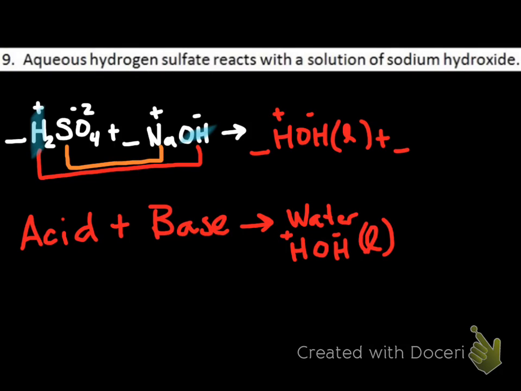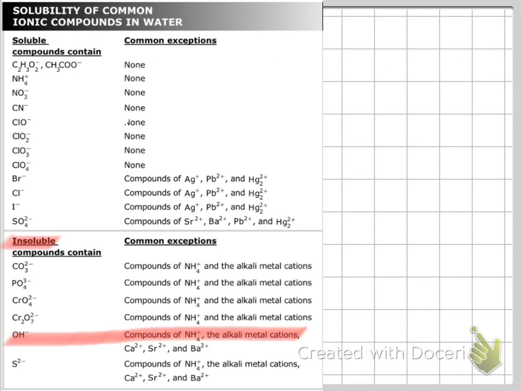Sodium sulfate. Sulfate is soluble in water, except that it has those compounds on it.